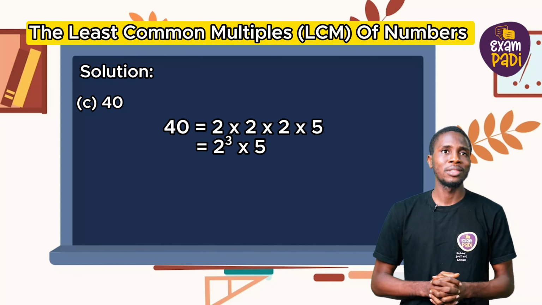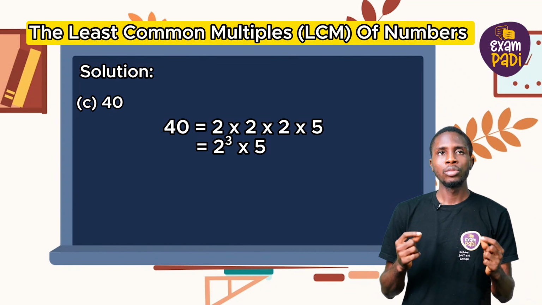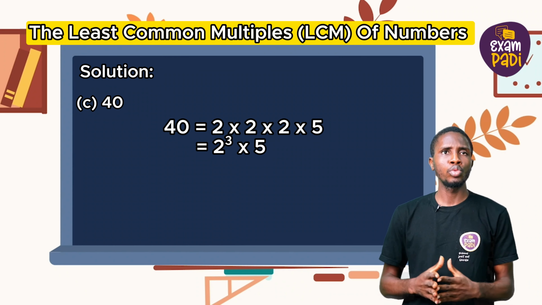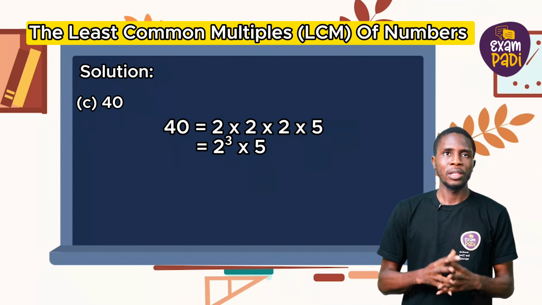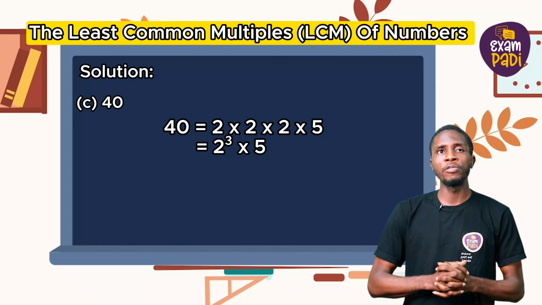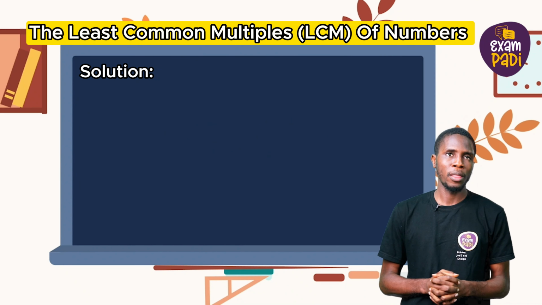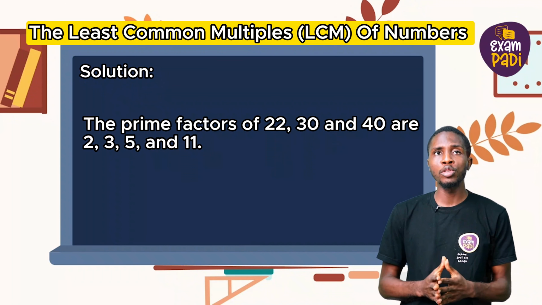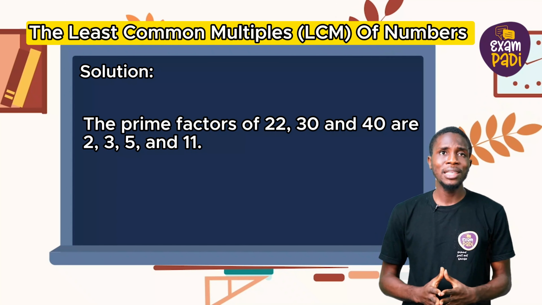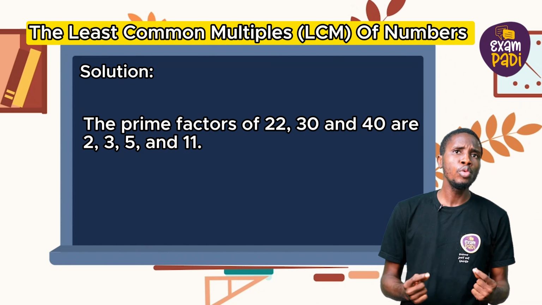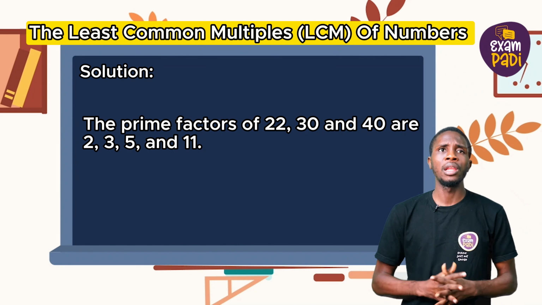While for 40, the prime factors are 2, 2, 2, and 5. That is, you have 2 raised to the power of 3 and 5. Therefore, we can say the prime factors of 22, 30, and 40 are 2, 3, 5, and 11.